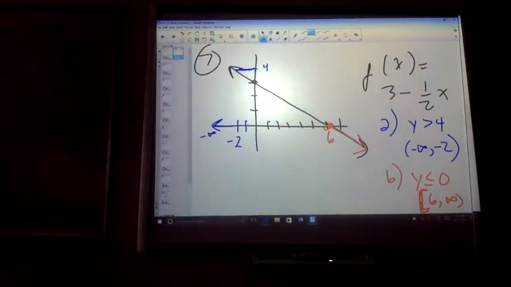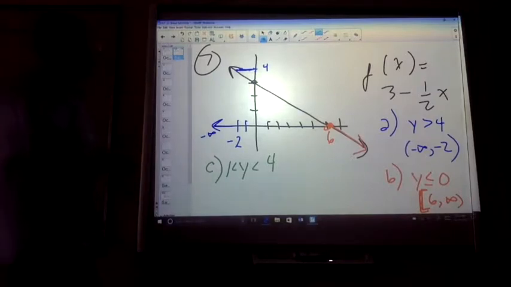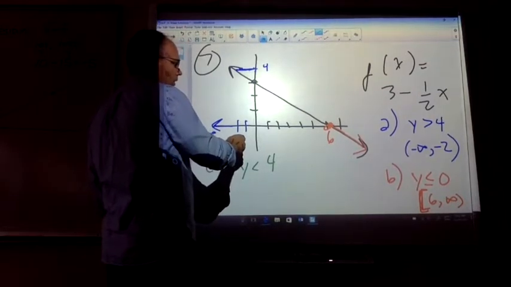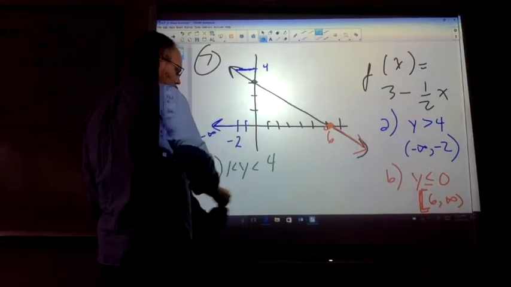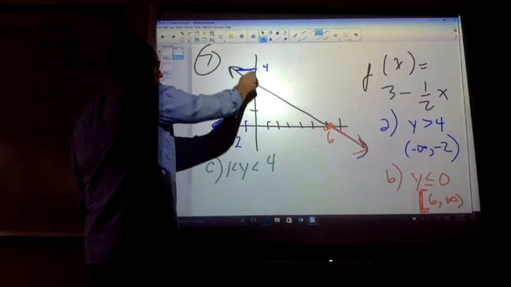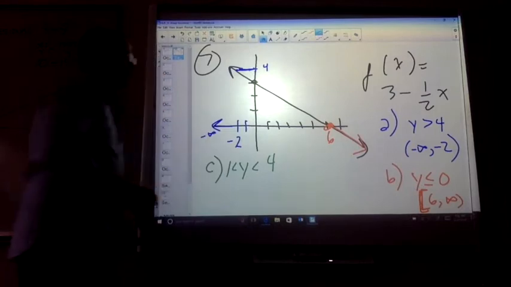And then letter C, what are the values of x if y is between 1 and 4? Okay, so what are the values of x if we are going between 1 and 4 in the y direction?